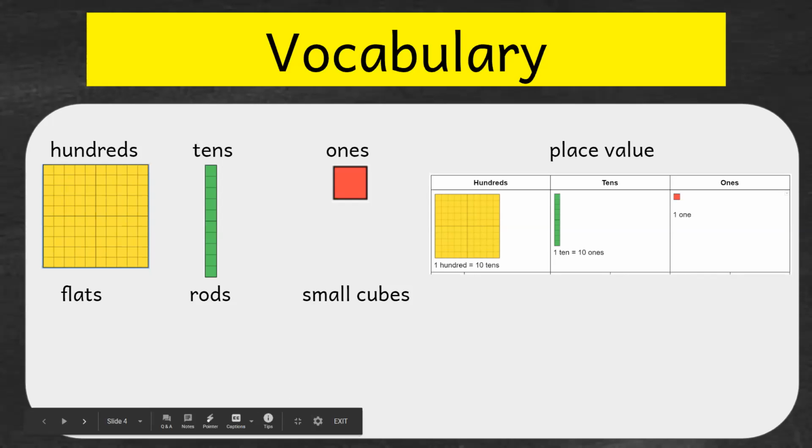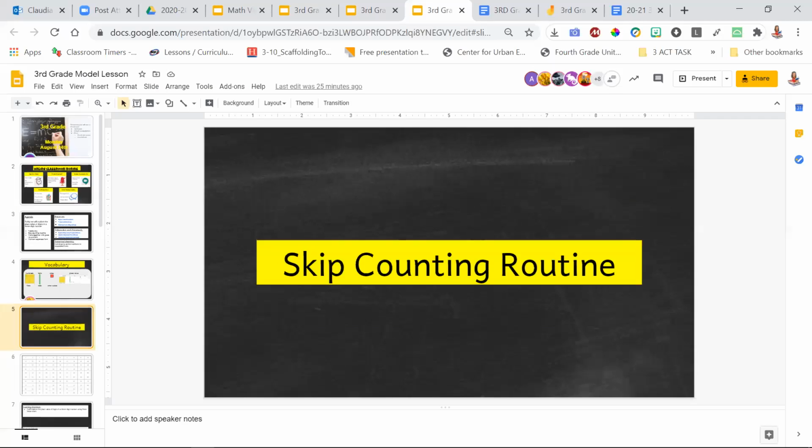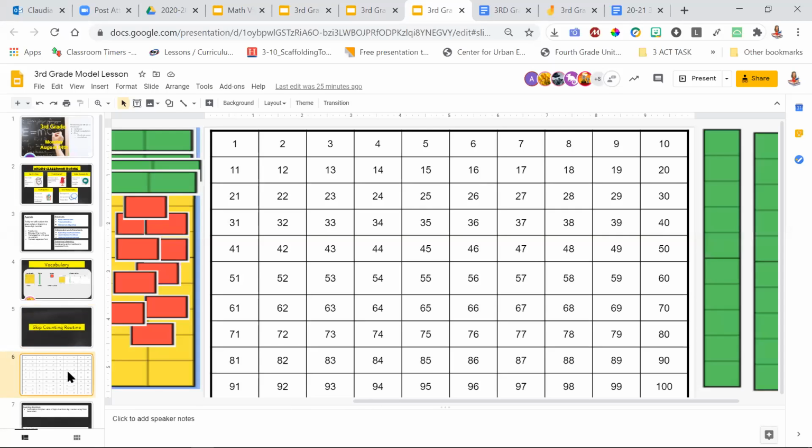All right, so we're gonna start with our little skip counting routine. I'm gonna come out of our present mode because I have to move some tools around. Actually, today we are going to be counting by ones. And I want you guys to help me out because we're gonna use our chat. I'm gonna start with 1 cube, our little red one. Here's 1.